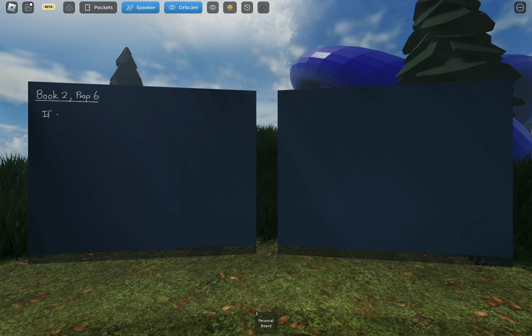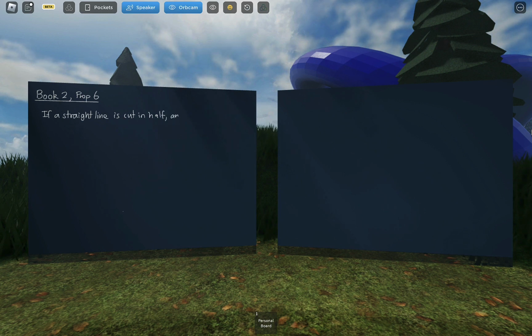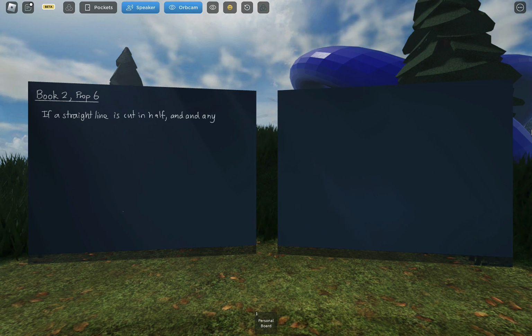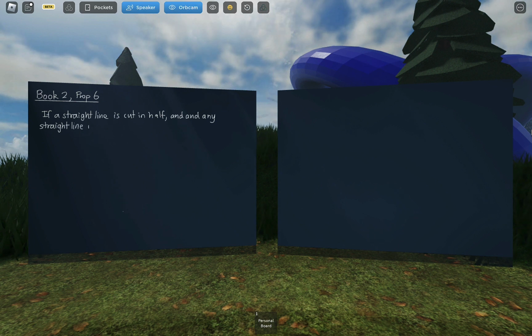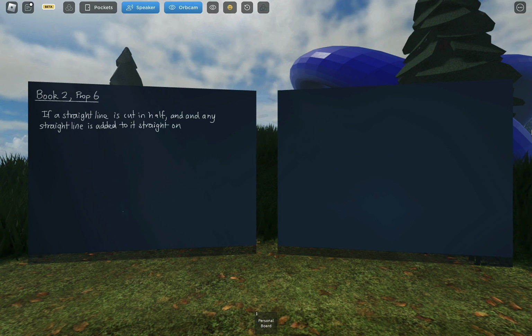So, if a straight line is cut in half and any straight line is added to it straight on, alright, so here's a straight line, AB.